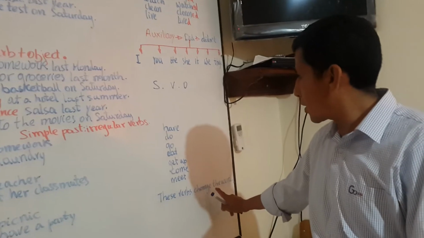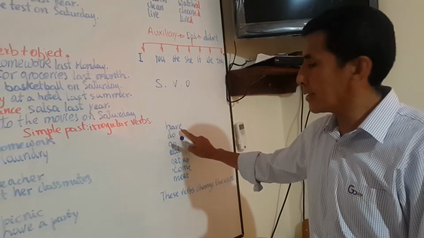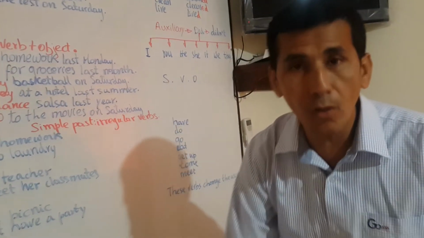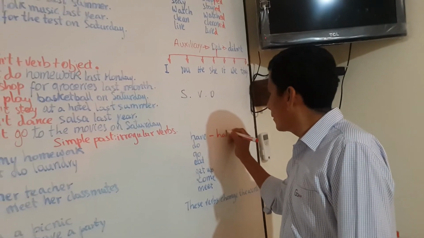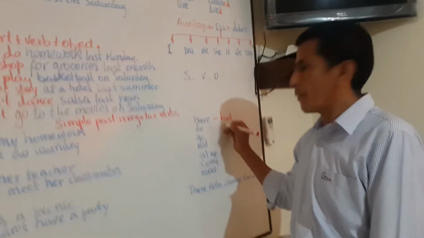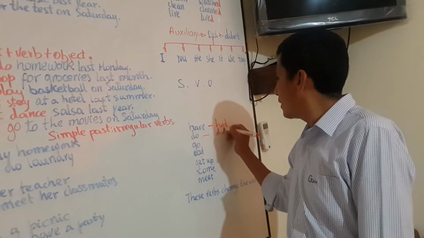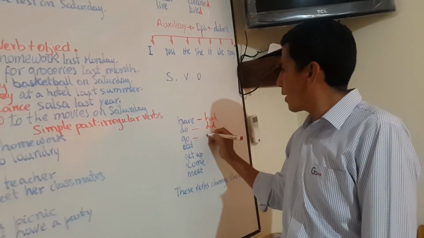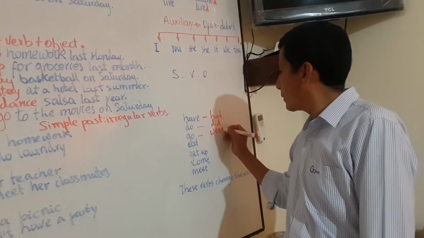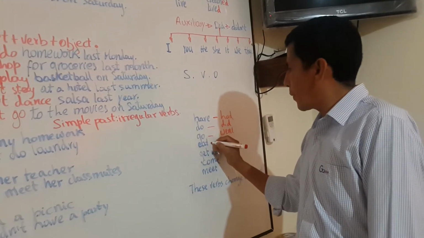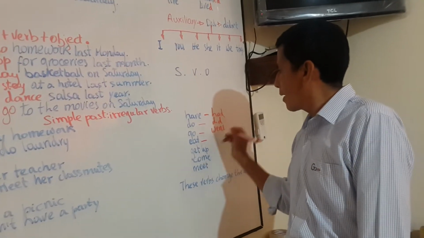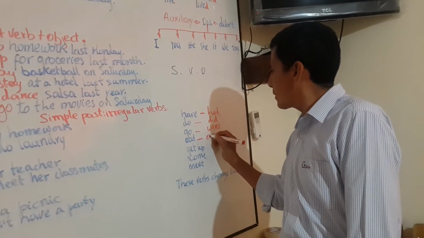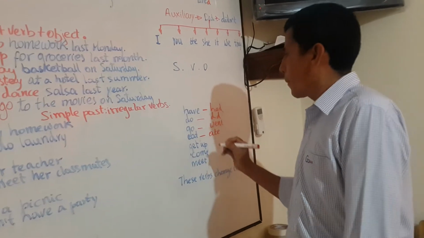In present, or base form, we have have, but the past is had. Do, the past is did. Go, the past is went. Eat, the past is ate. Excuse me, I made a mistake. The past of eat is ate.